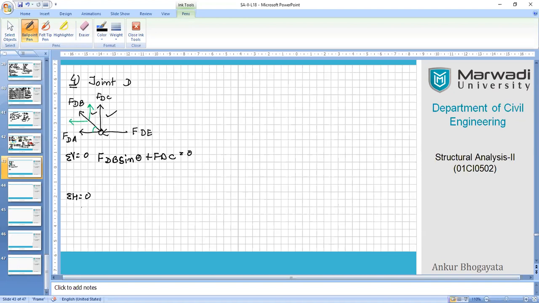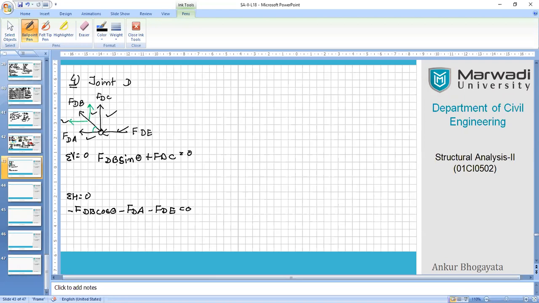And as far as horizontal force is concerned, FDB cos theta negative and negative FDA, then negative FDE, right? Have we considered all the horizontal forces? Yes, it is 1, 2, and 3. So all are considered. Now it's just incorporating the values that we have.